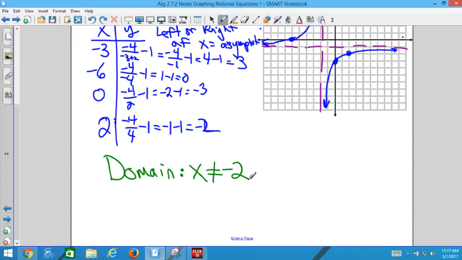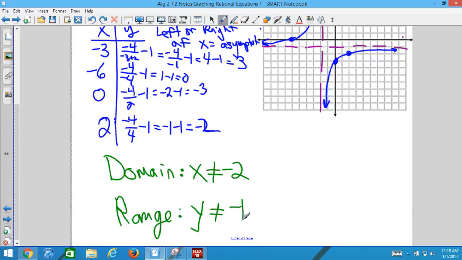When you write x does not equal negative 2, that means it's everything except for negative 2. So how about the range? y does not equal negative 1. Wouldn't that be swapped with x?